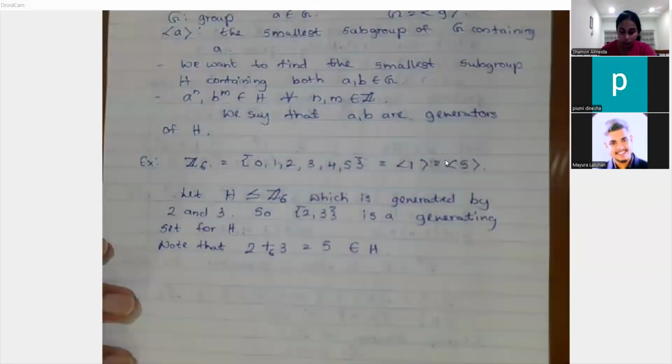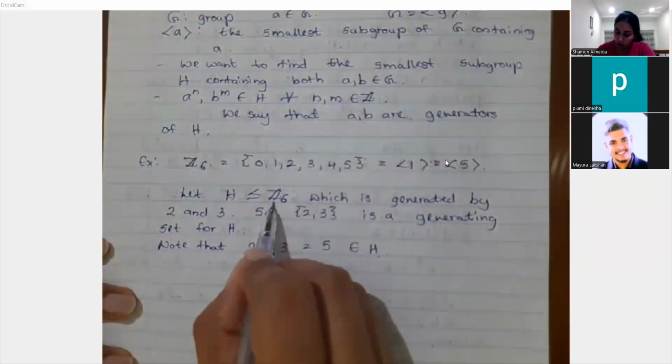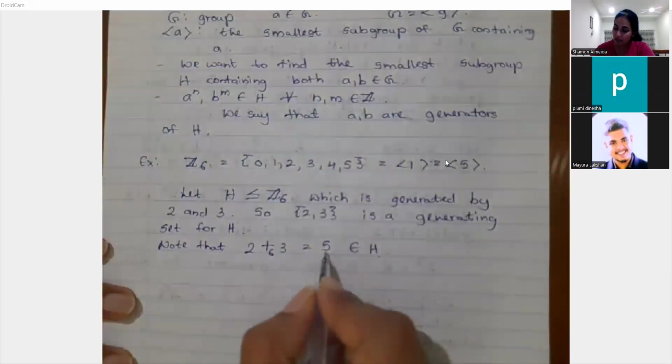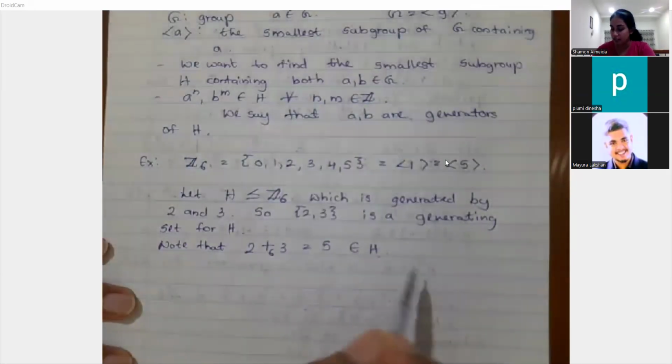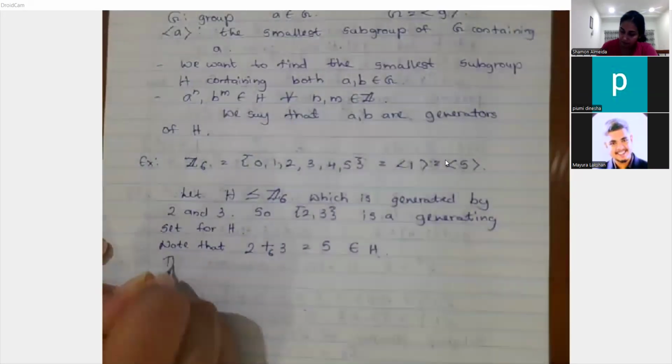Therefore, we can conclude we must have H equal to Z6. Why is that? Just because 5 is in there, how can we conclude that H must equal Z6?